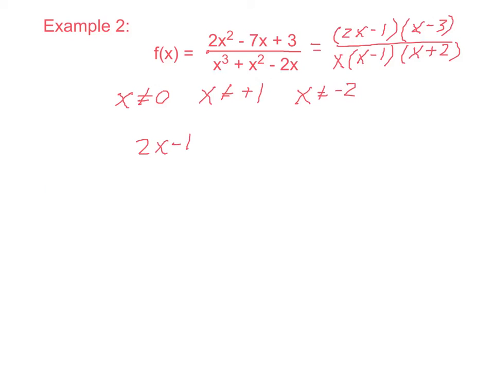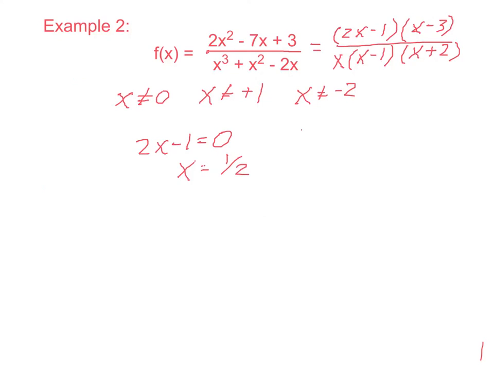So to get the zeros, first we're going to set 2x minus 1 equal to 0. And if we solve for x, add 1 and divide by 2, we get x is equal to 1/2. So this is one of the zeros.